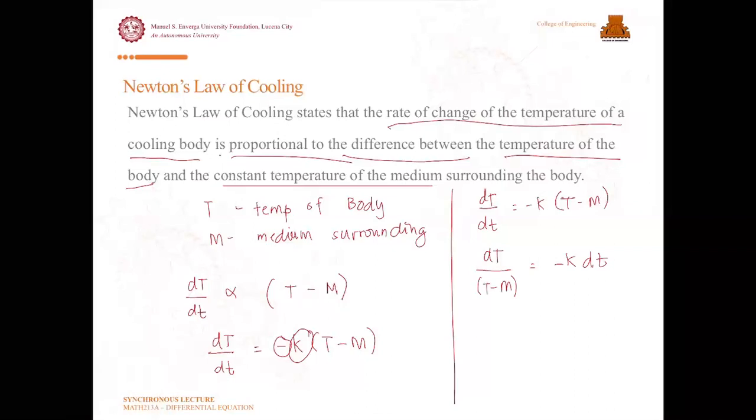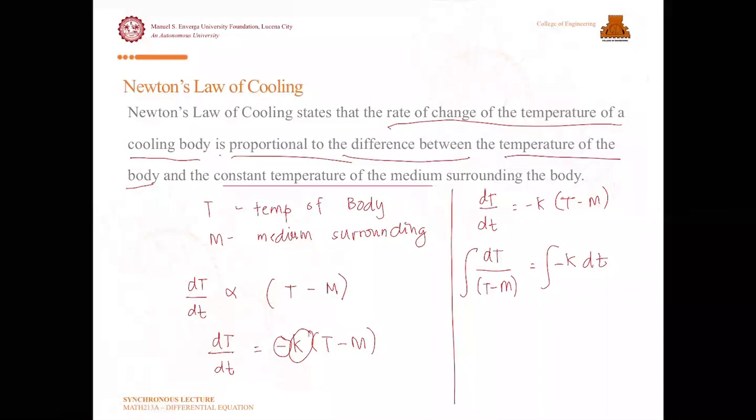Then once na-satisfy na natin yan, pwede na tayo mag-integrate. So pag kinuha tayo integration nito, so si M dito is treated as constant kasi kung siya yung temperature ng surrounding, hindi nagbabago yung temperature niya o yung control temperature natin. So ibig sabihin si M is constant. So si T lang yung variable natin dun sa denominator natin.